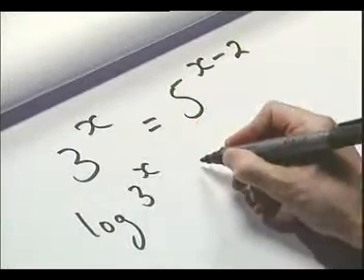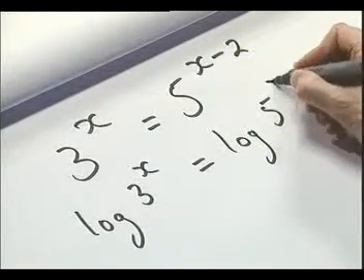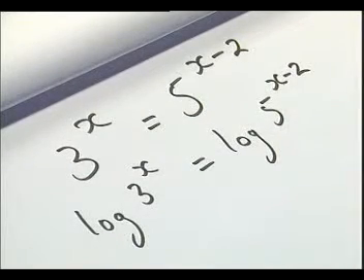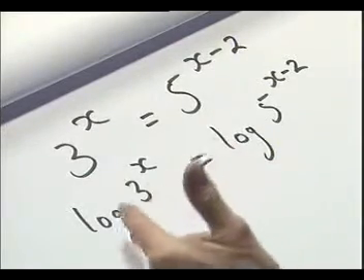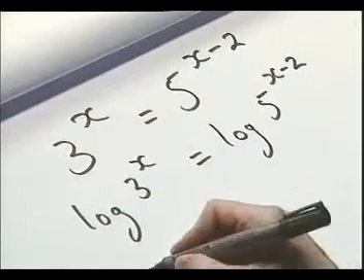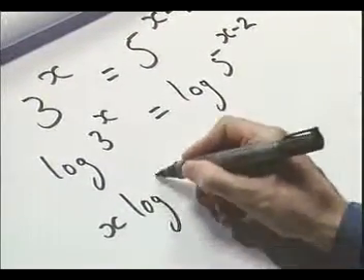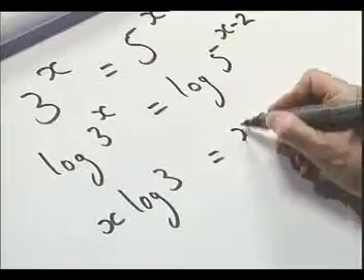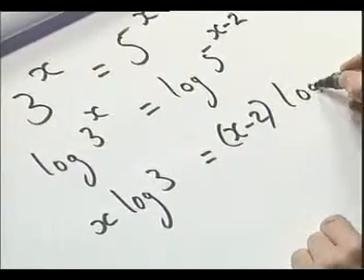Log of 3 to the power x is equal to the log of 5 to the power x minus 2. And in the same way, if we're raising to the power, then in order to get the logarithm, we need to multiply the log of 3 by x and the log of 5 by x minus 2.